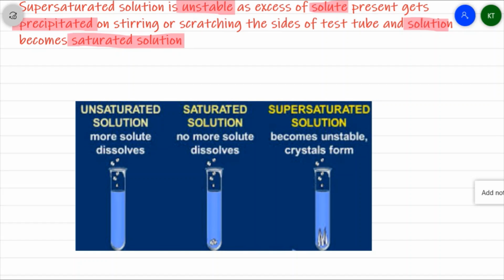Whereas a supersaturated solution is unstable and results in formation of crystals on the sides of the test tube, or whenever you stir the solution and take out the glass rod, you can see a deposition of solute particles on it. But a supersaturated solution is at a higher temperature than the unsaturated and saturated solutions. That's why we consider supersaturated as temporary and unstable.